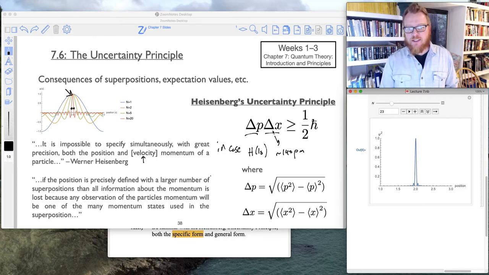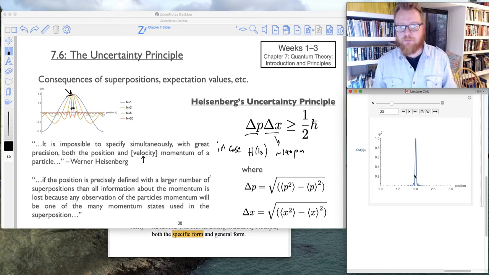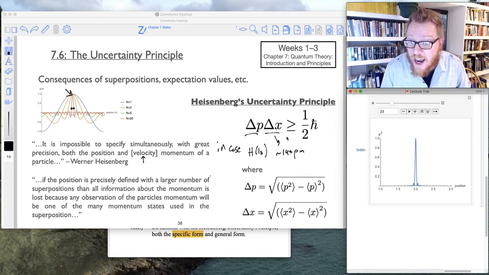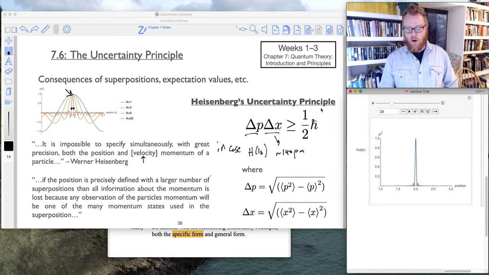So this delta x for this particular wave function is very small. Consequently, because Heisenberg says the uncertainty in momentum times the uncertainty in position must be greater than or equal to 1/2 h bar, as one of these gets smaller, the other has to get bigger, and vice versa.